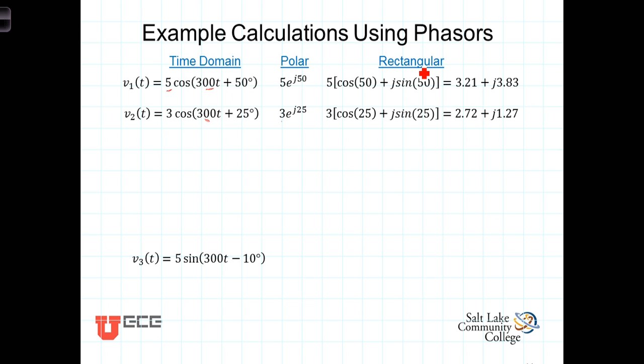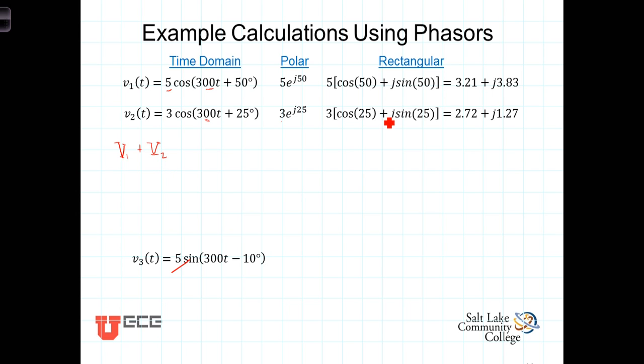When we're adding two sinusoids together, it's easier to add their phasors with rectangular coordinates, because when you're adding two complex numbers, it's just the real part plus the real part and the imaginary part plus the imaginary part.